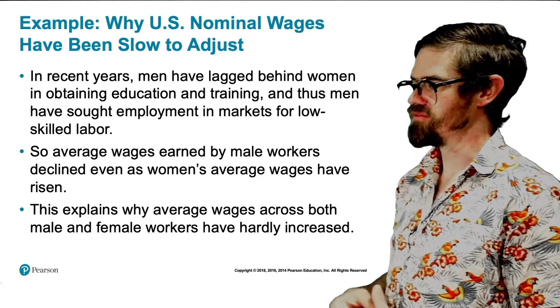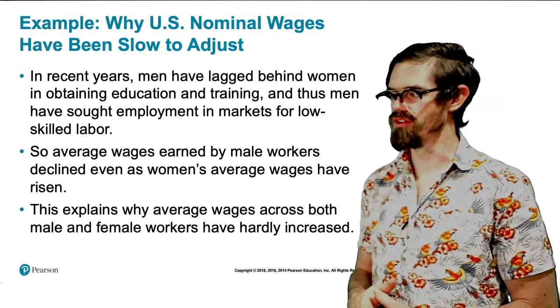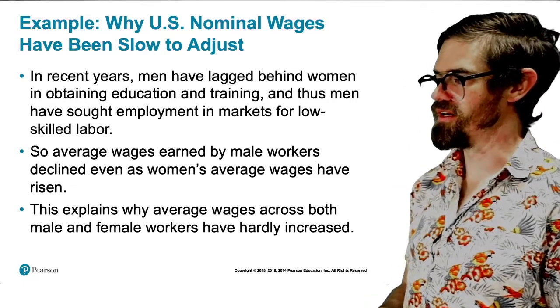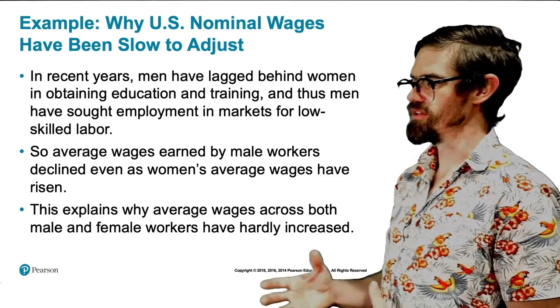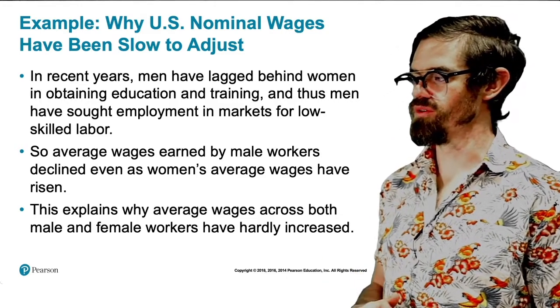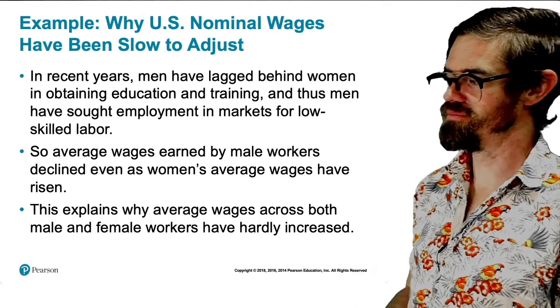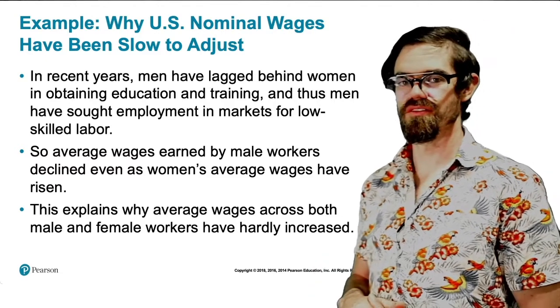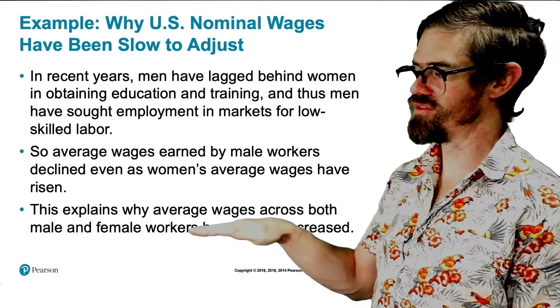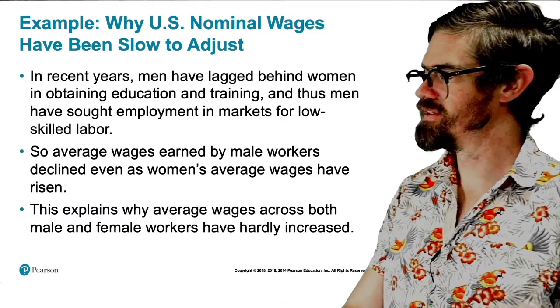And because of this, average wages earned by male workers has declined, even as women's average wages have gone up. And to some degree, this explains why average wages across both male and female workers have hardly increased. Men's wages have been suppressed or going down, while women's have been going up. So on average, they have mostly stayed the same.